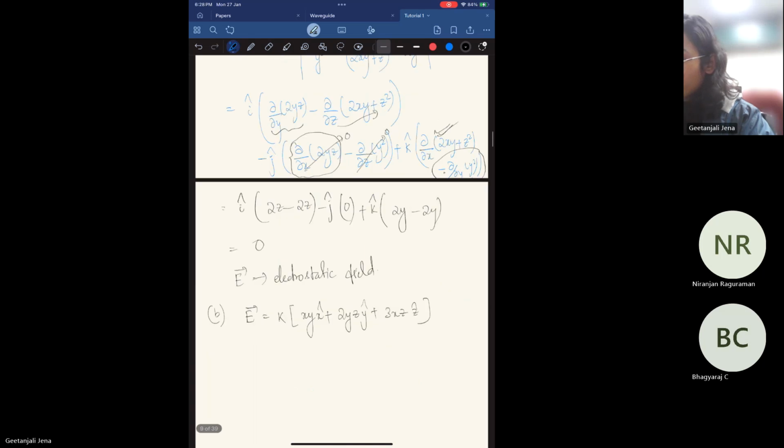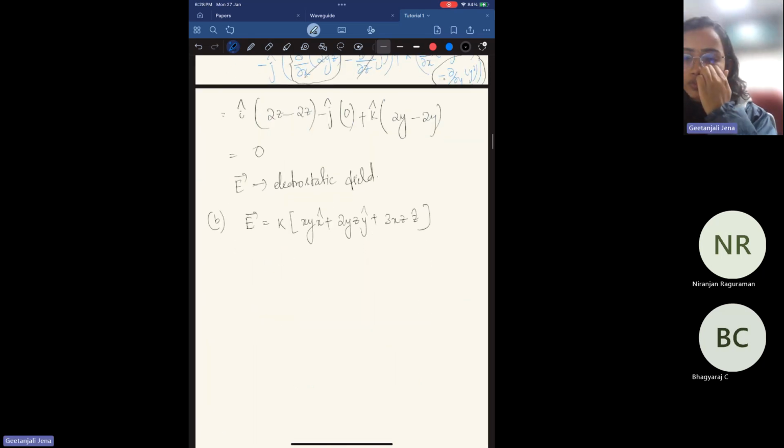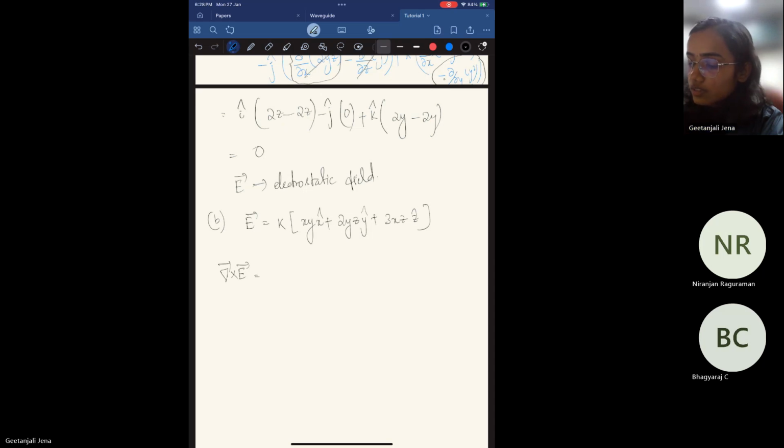So for this, we have to follow the same procedure, that is, whether curl of E is 0 or not. So this is i cap, j cap, k cap, dou by dou x, dou by dou y, dou by dou z. And Ex is xy here, Ey is 2yz here, and Ez is 3xz here.